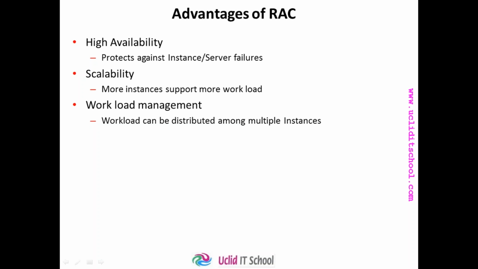We use a concept called services to achieve all these things. We define services. Suppose I define a transaction service, OLTP service, which runs on the first node, first instance. Now, this service will have a backup instance.